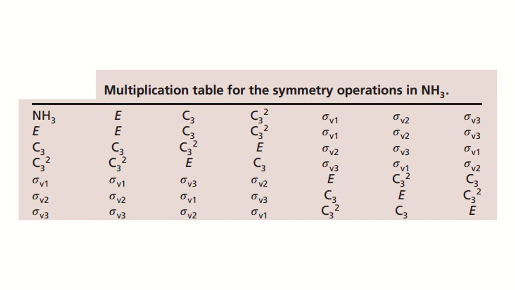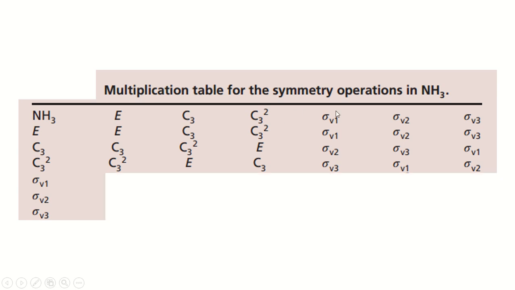I have already told you the symmetry operations obtained from combining the column symmetry operation with the row symmetry operation. The last one is sigma V3.